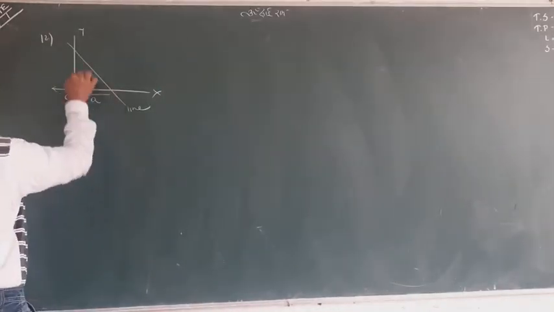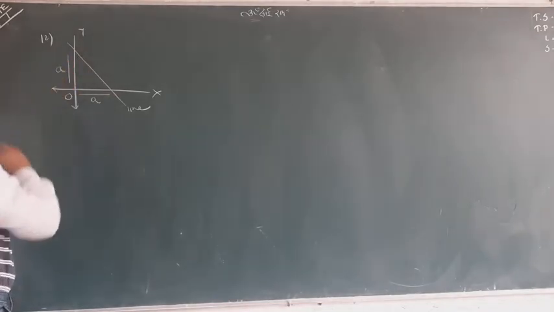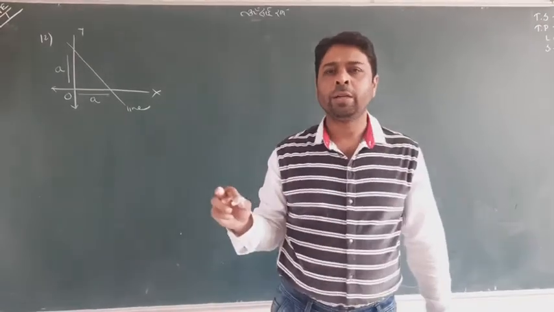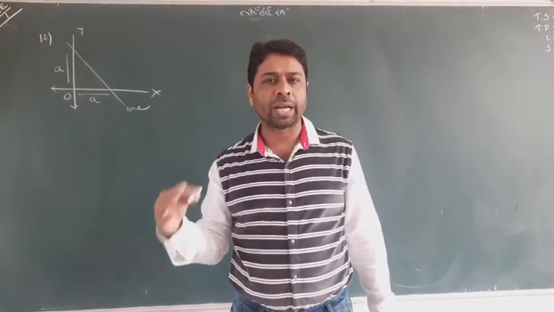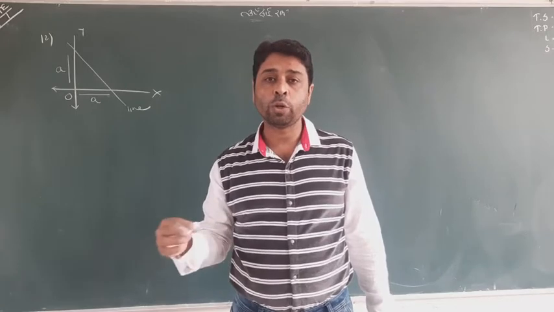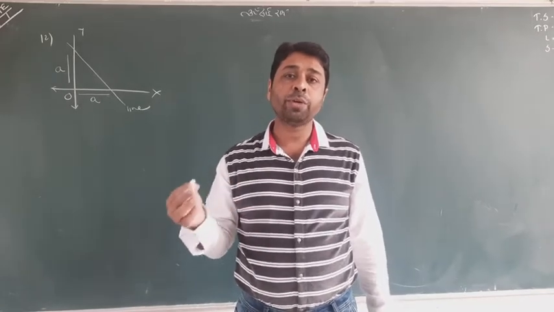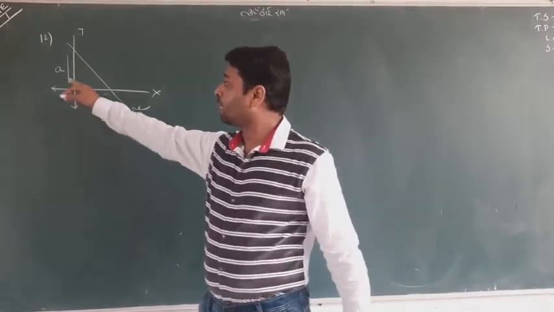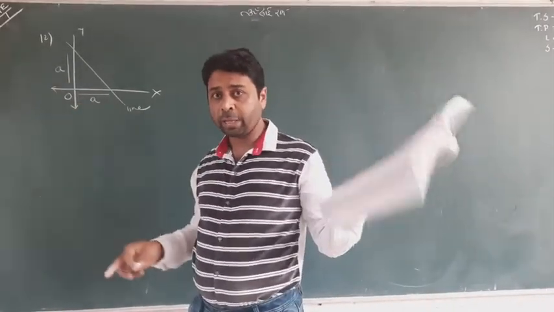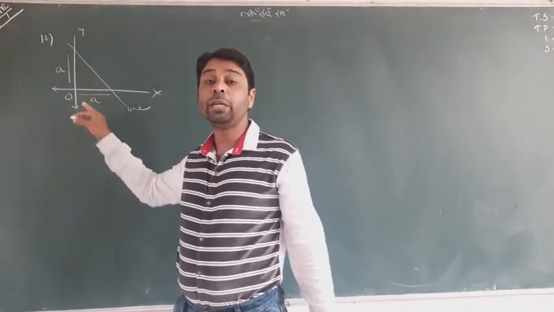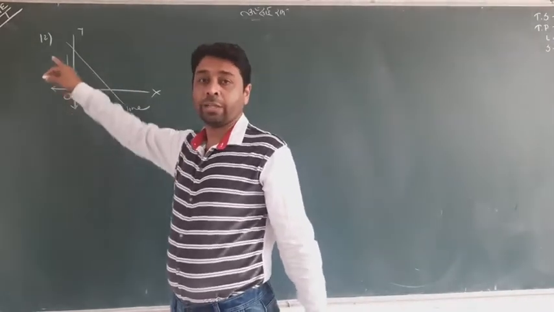These are the intercepts. You have already seen the intercept form of the line, which was x upon a plus y upon b equals 1, where a and b were intercepts. This time intercepts are equal, as told by the book. So I labeled the intercept a on both sides.